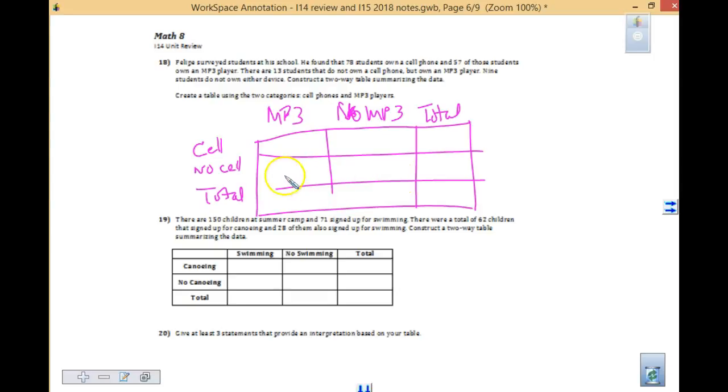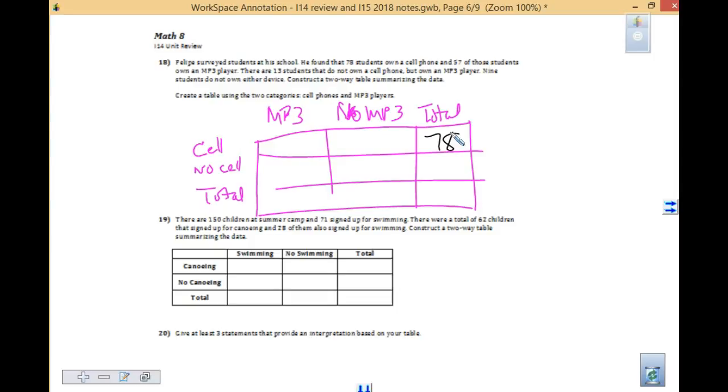Phone and no MP3. So cell phone. So it says he found 78 students own a cell phone. Just that information. Where do we want to put that? So I know it's going to be under my cell, right? It's going to be the total. That's my 78.